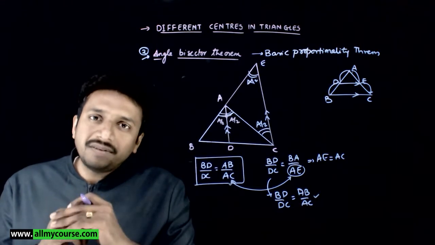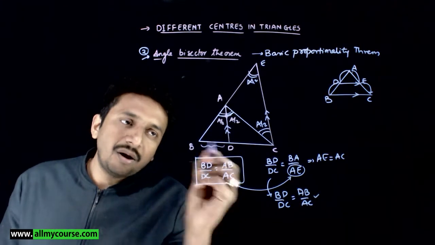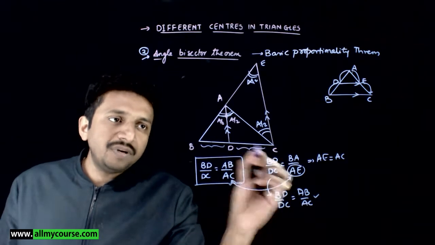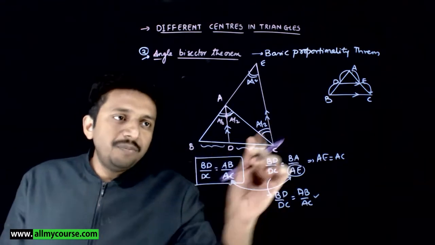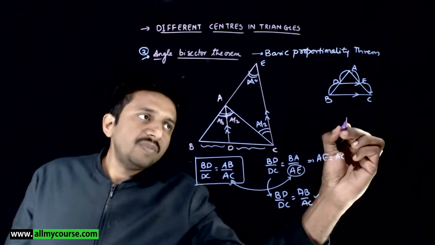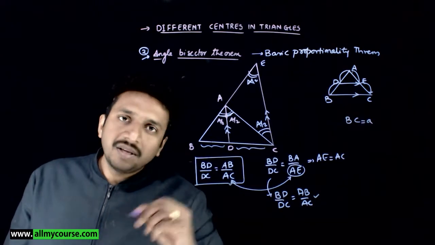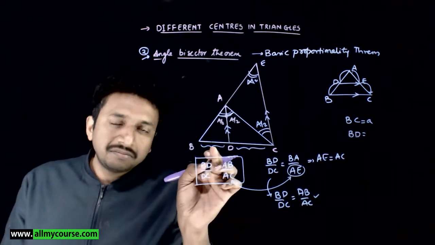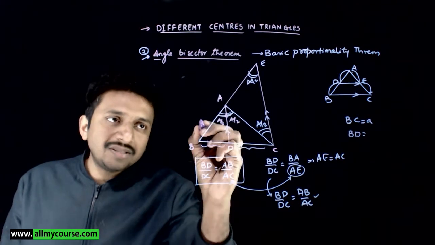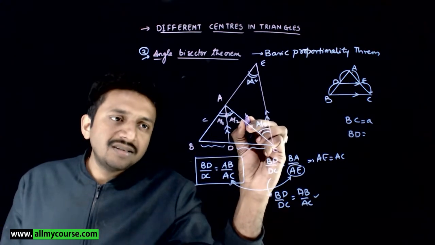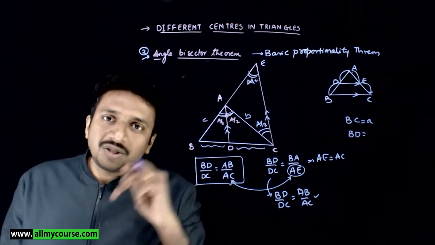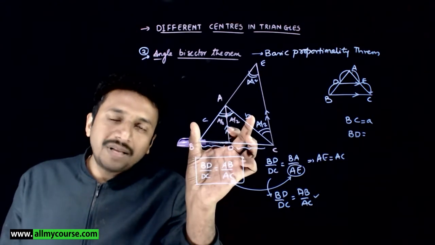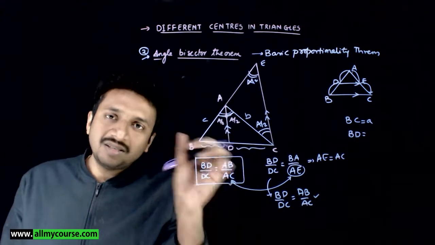Once you have this, can you find the length of BD and the length of DC? Obviously BC is equal to A, and BD is nothing but this ratio. This is C and this is B. So the ratio is C is to B. Out of B plus C parts is BD.